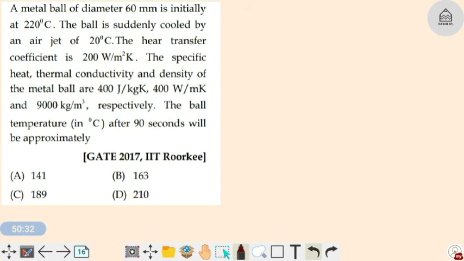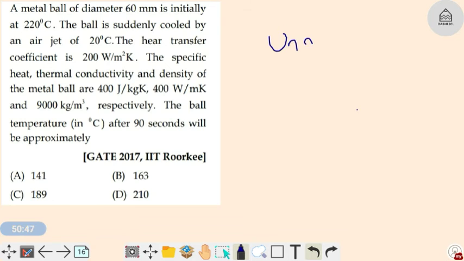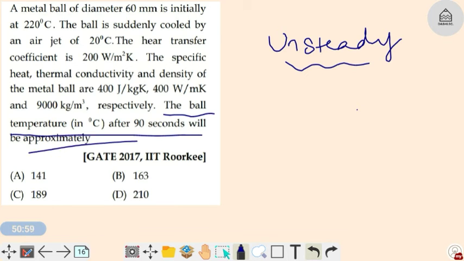The ball temperature after 90 seconds will be. So directly we can say that this is a question of unsteady conduction, because it is asked directly what is the temperature of the ball after 90 seconds. So definitely the temperature is varying. If temperature is varying, then this is unsteady.